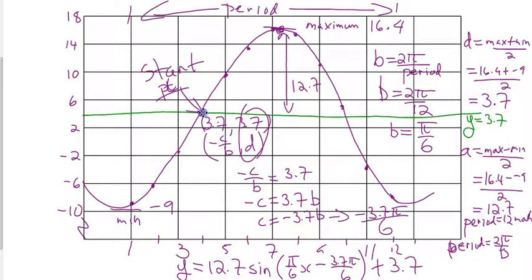We then took the A, B, C, D, wrote an actual equation, and we can use these numbers to describe things. The average temperature in Calgary over the year is 3.7 degrees. It varies by 12.7 degrees, higher or lower, to a maximum of 16.4 and a minimum of -9. What else? Not much else to say, right?